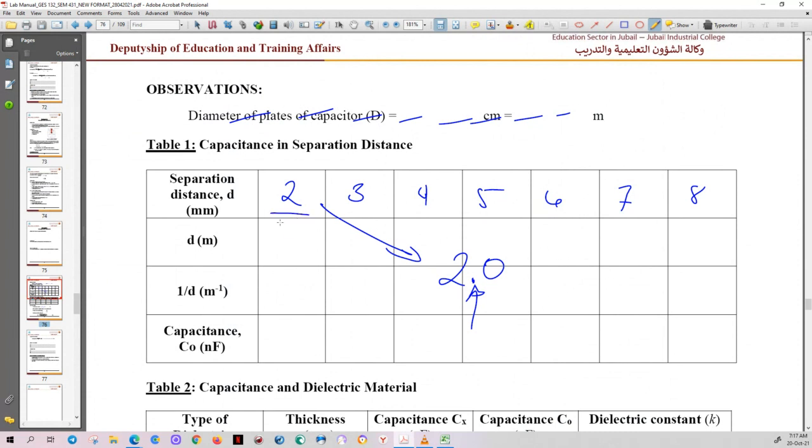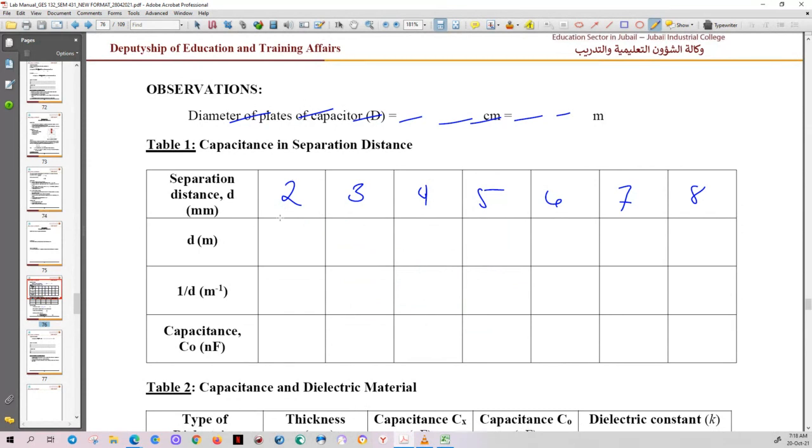For example, this is 2 divided by 1000. How many zeros? 1, 2, 3. So move the decimal point 1, 2, 3, and put the decimal point here with the 0. So this becomes 0.002. Those are techniques that you can employ when you want to divide very quickly without calculator. So this one is actually quite easy.